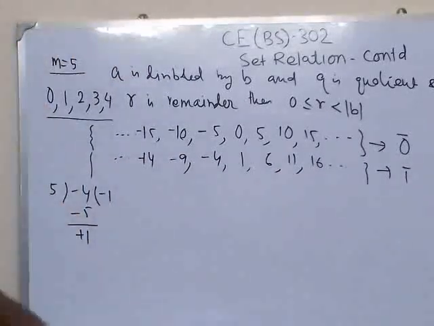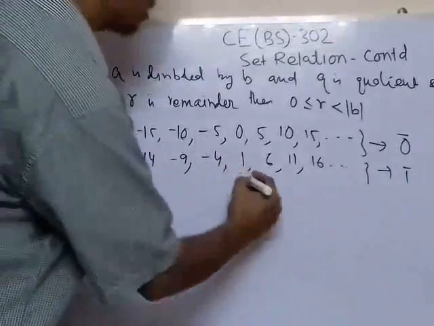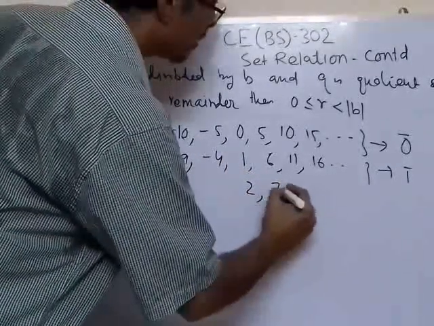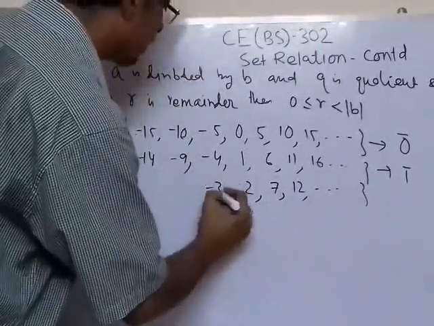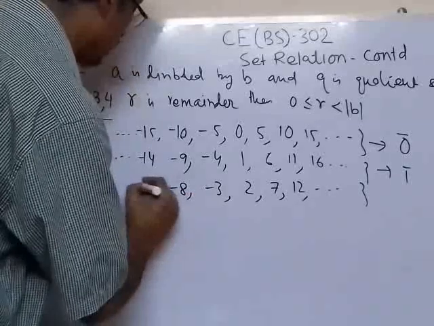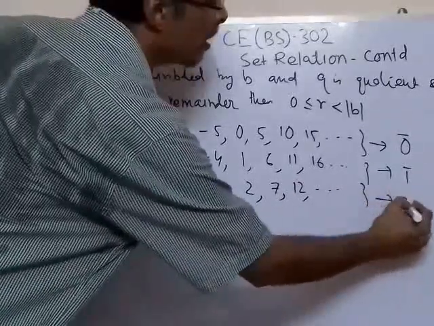Similarly, if you go on dividing this way and listing the integers, we get 2 bar as 2, 7, 12, etc., and here minus 3, minus 8, minus 13, etc. This is 2 bar.